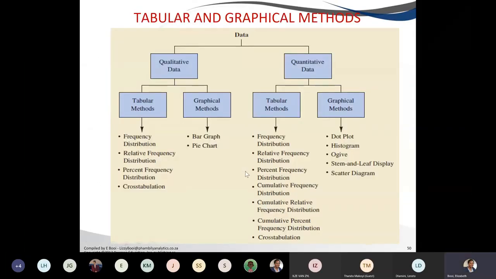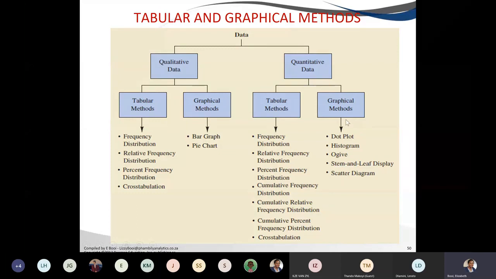And this is just a graphical indication of the types of qualitative data and the types of tables we can create. When we look at the graphical methods that relate to qualitative data, it's only bar chart and pie chart. When we look at the quantitative data tables, we can see that there are so many. We can create the frequency distribution, relative frequency distribution, the cumulative relative distribution, and so forth.